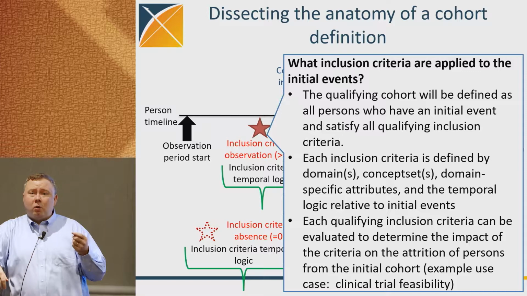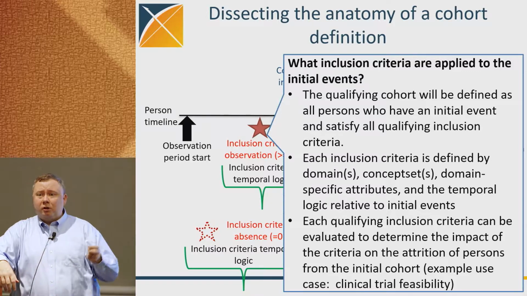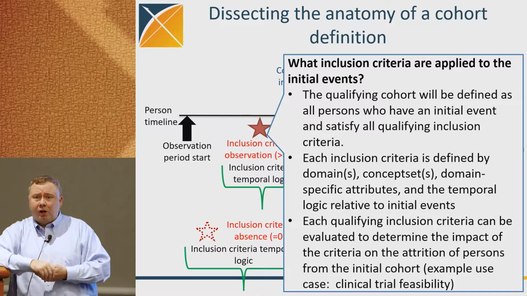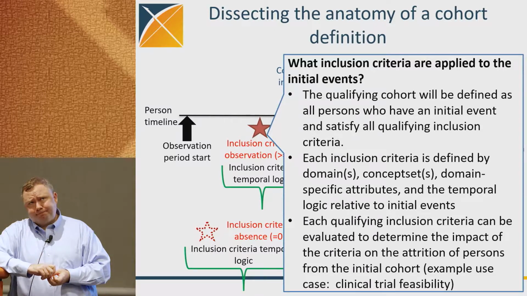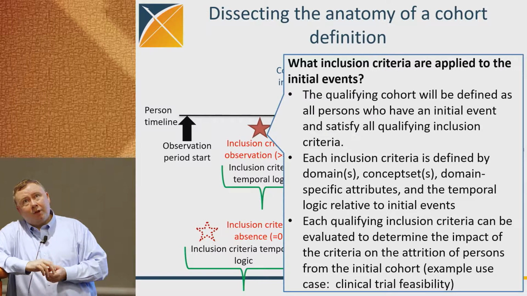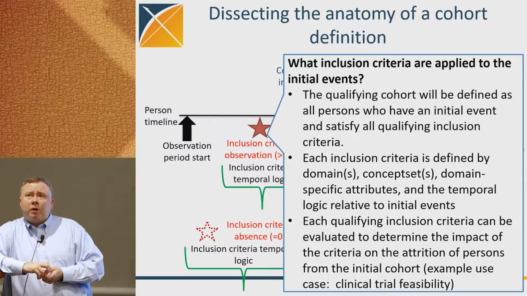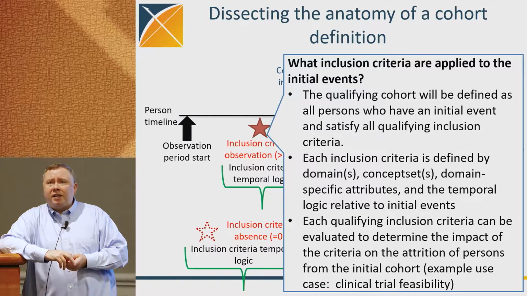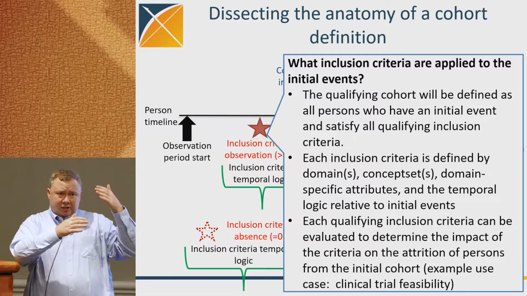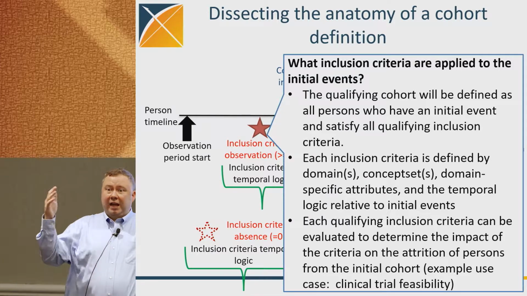Sometimes we'll define cohorts where we need to look into the future to satisfy our criteria. For example, we might say a person is defined as having a disease if they've had a sequence of elevated lab tests.